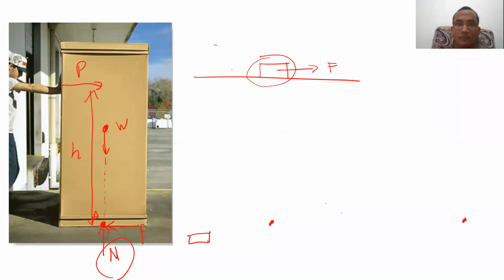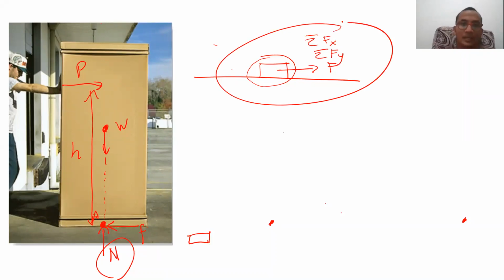So starting from yesterday, what we discuss is if we assume that there is a dimension on the things that we studied, okay? We can't just solve it using point equilibrium anymore, which means instead of just sigma Fx and sigma Fy, like what we did before, okay? Sigma Fx equal to 0 and sigma Fy equal to 0, okay?